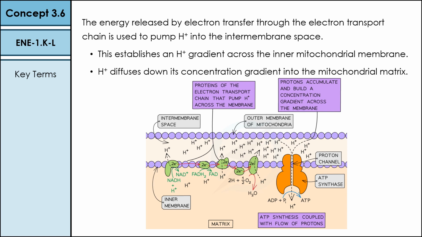And so this is going to allow our hydrogen ions, moving from an area of high concentration to an area of low concentration, to flow down their concentration gradient and power the turbine of that ATP synthase.